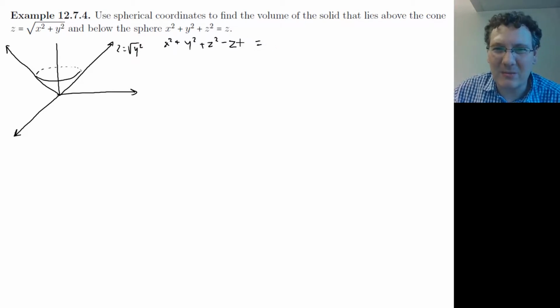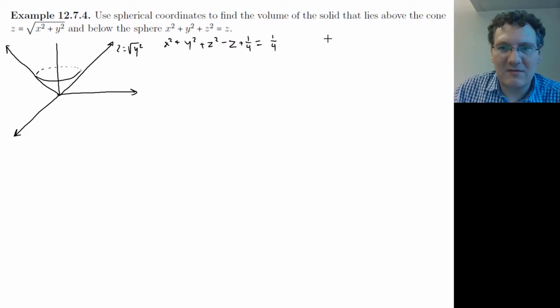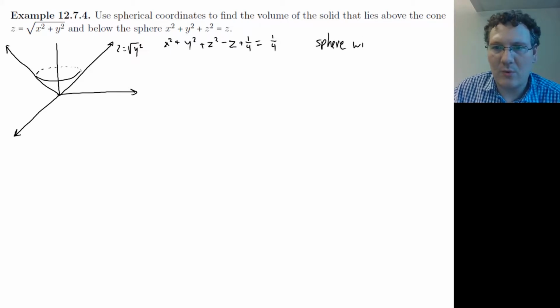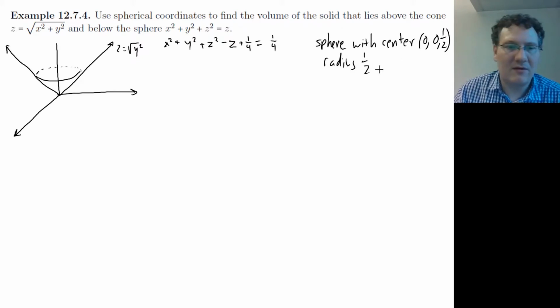What I want to do is add 1/4 to this, and so I'm going to have 1/4 on the other side. This is a sphere with center 0, 0, 1/2, and a radius of 1/2.